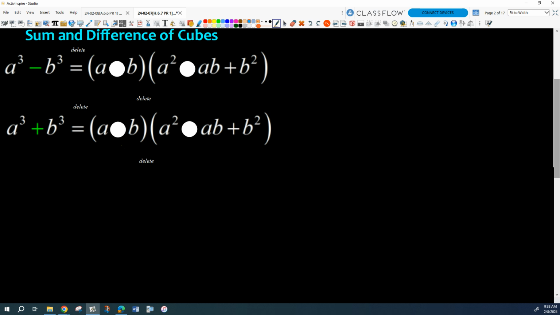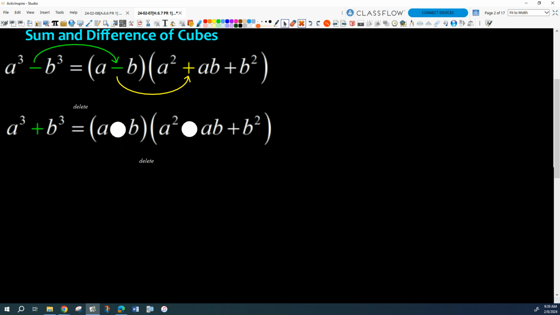Whatever you start with here, if it's a difference of cubes, well then this becomes a minus. That becomes a minus, right? The first symbol in the binomial is the same as what you started with. And the second symbol is always going to be its flip.